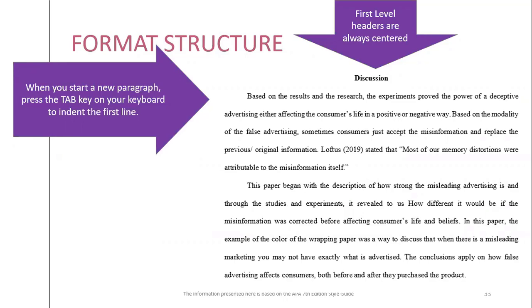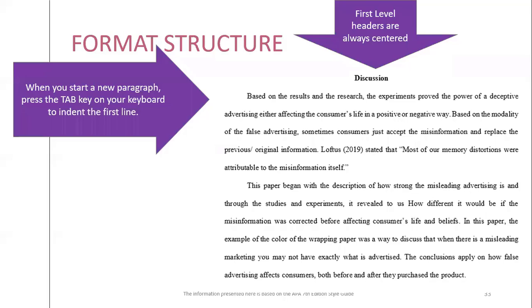Also note that just from a general structure perspective, your first level headers, aka the title of each section of your paper, which we call the first level header, is always centered. It's bold and it's centered. This is important because this tells me this is the first top level section.